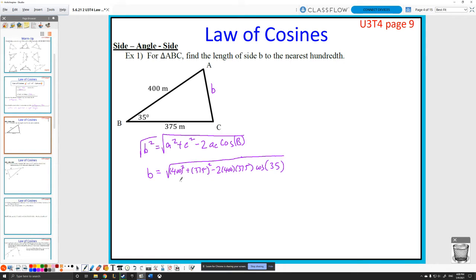I'm going to put it all into the calculator at once. Notice that you have three different terms here: a 400 squared, a 375 squared, and this huge thing that's another term. But they're all being multiplied or squared, so you don't really have to worry about putting extra parentheses in there.